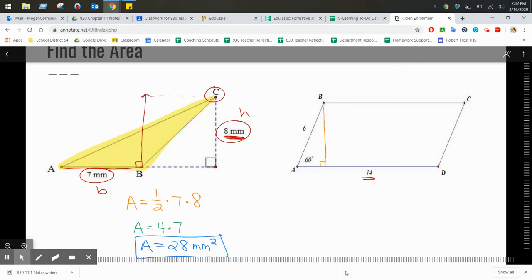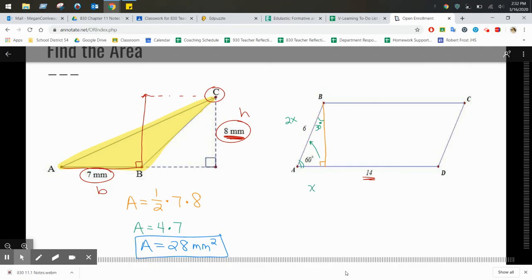Oh, look at that. I have 90, I have 60, which means that this must be a 30, 60, 90 triangle. That could help. All right, so if I remember my 30, 60, 90, the side across from 90 is 2x. The side across from 30 is x.